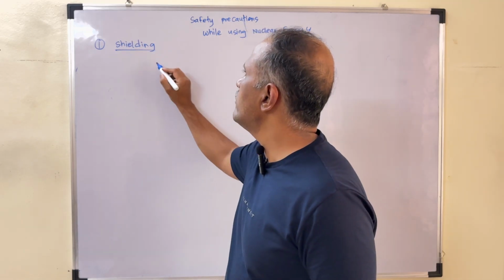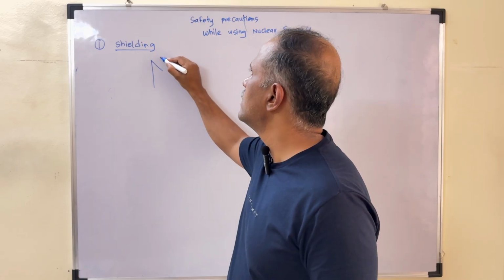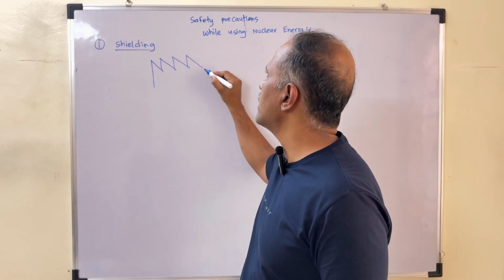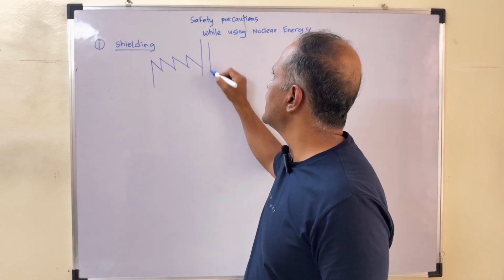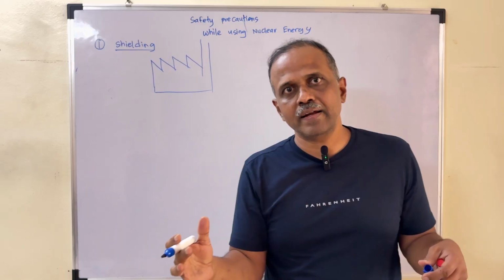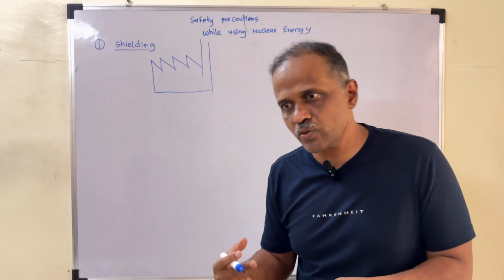Shielding means what? Even if a nuclear power plant is there, do you know that the Chernobyl power plant had a very thick layer of concrete outside its plant and a very thick iron sheet also on it?